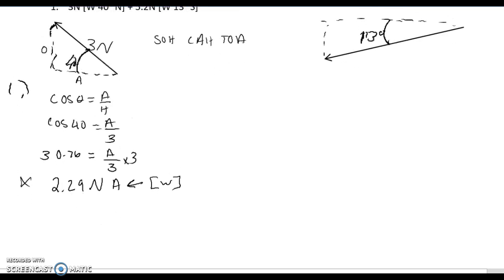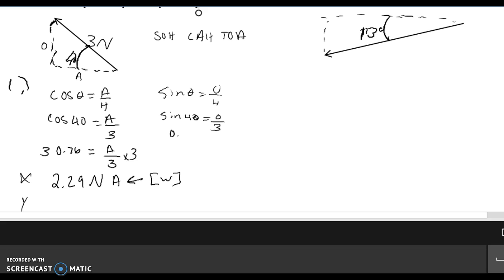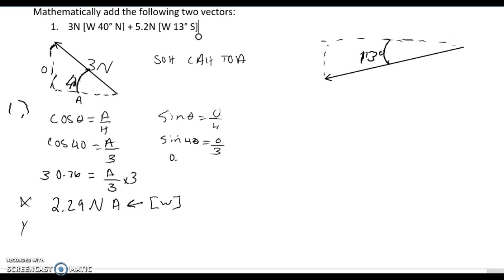Now what we have to do is find the y component. To find the y component, you're going to use sine. Same thing, sine of theta is equal to, and this one's a little different, opposite over hypotenuse. So sine of 40 degrees is going to equal opposite over 3. When you plug the sine of 40 degrees into your calculator, you are going to get 0.642.